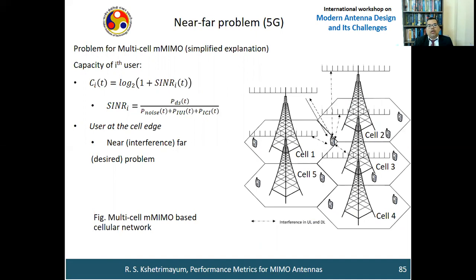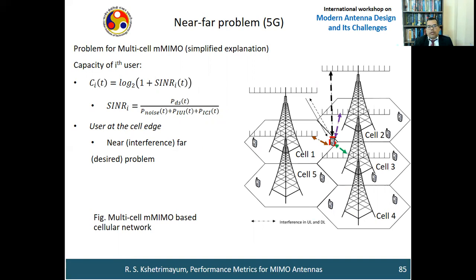communication. Now let us look at one of the inherent problems in cellular communication. You can see that there are many cells here. 5 cells are shown here. Every cell has a base station. So let's consider one user at the cell edge, in the home base station of cell 1. What you can observe is that the distance between the user and the base station antennas of the neighboring cells is quite close.